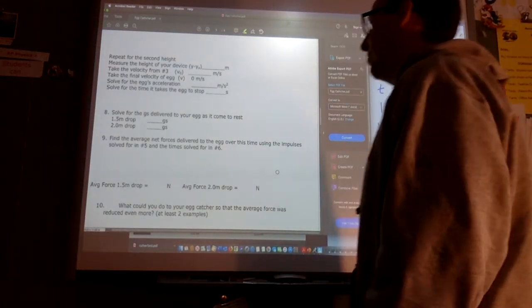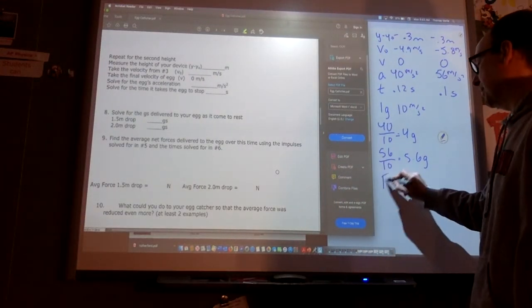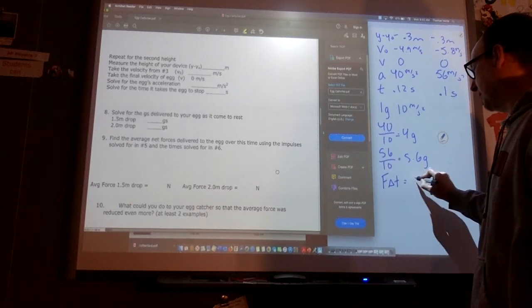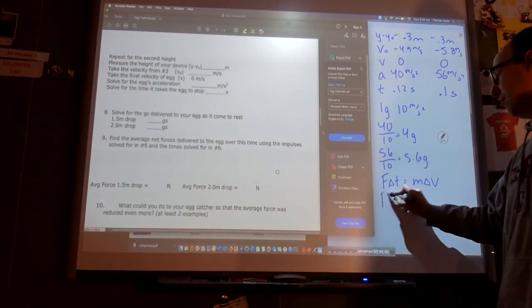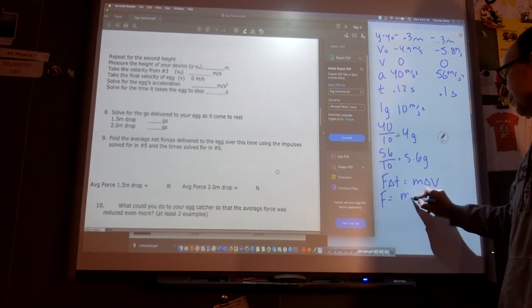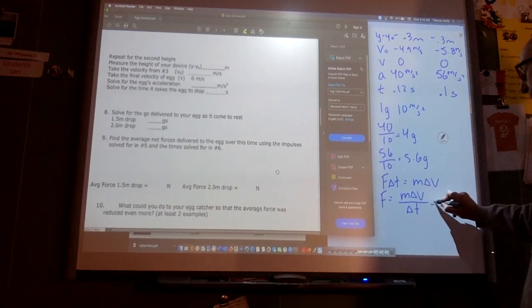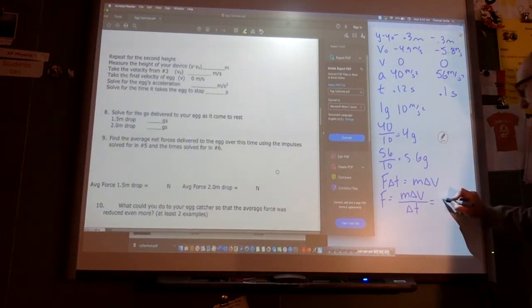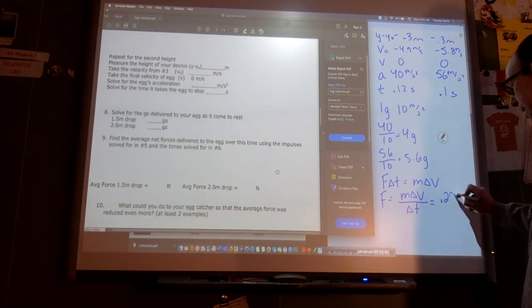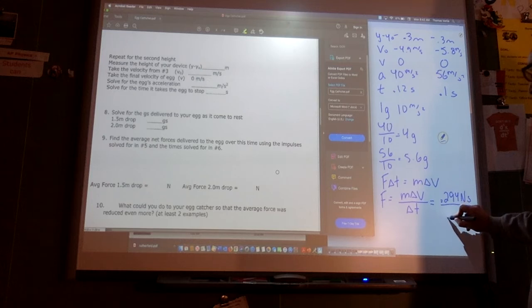Then I want to find my average net forces. So this is F delta T equals m delta v. So my force is going to be my change in momentum over my time. So for one of these, it's going to be 0.294 Newton seconds over 0.12 seconds.